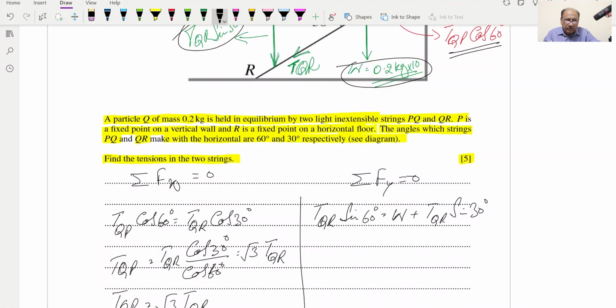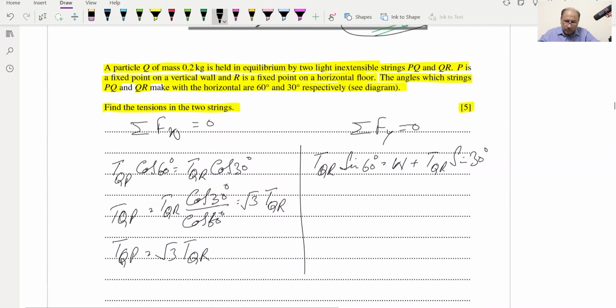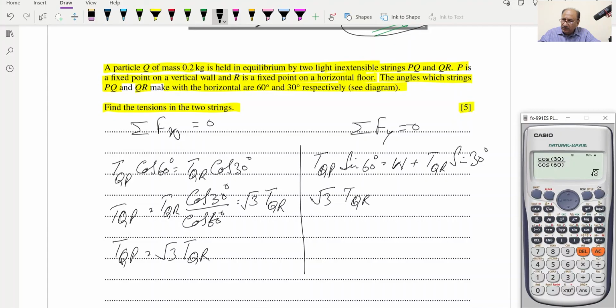Now we can replace the values. TQP, it should be TQP, we are confusing. So this will be under root 3 TQR, this is the value of TQP. We have replaced this value over here, and sine of 60 degree will be equal to under root 3 by 2.